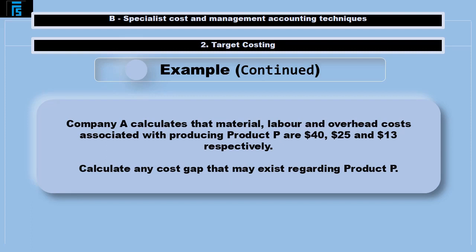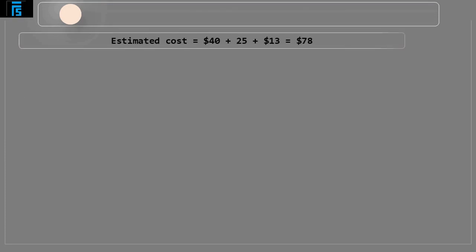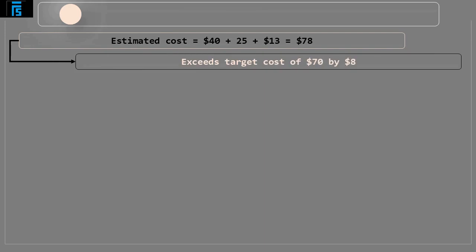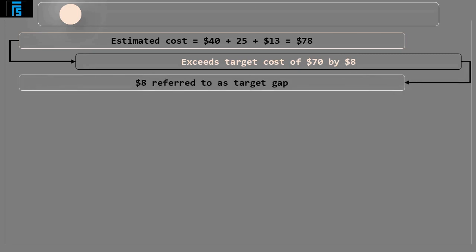Calculate any cost gap that may exist regarding product P. The total estimated cost of making product P amounts to $78, being the sum of 40, 25 and 13. This estimated cost of $78 exceeds the maximum allowable cost or target cost of $70 by $8. This $8 is referred to as a cost gap or a target gap.